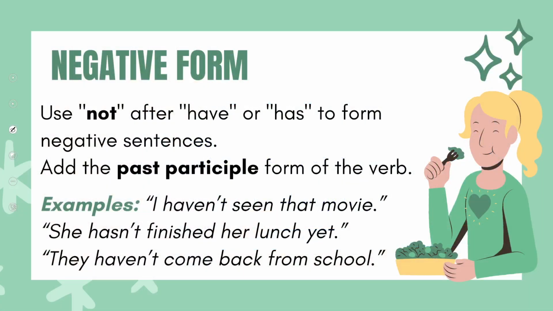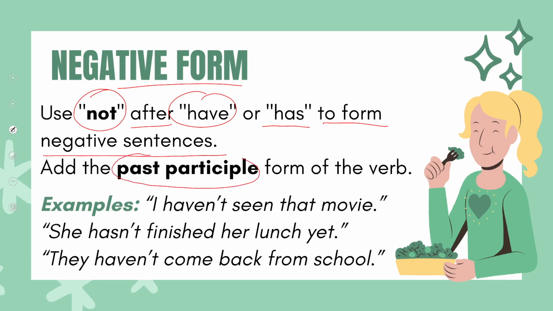For the negative form, we will be using not after have or has accordingly to form negative sentences. We will be adding the past participle form of the verb like we did in the positive form. For example, I haven't seen that movie. Now, haven't is a contraction of have not.